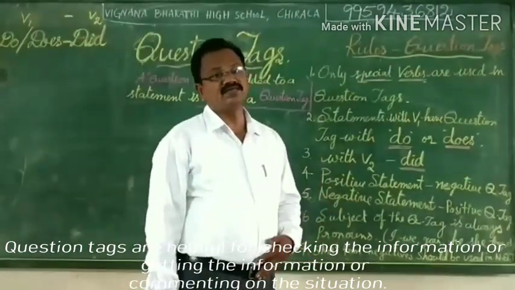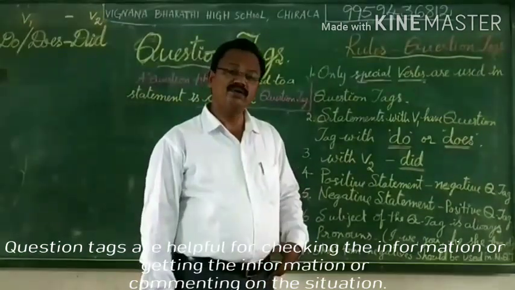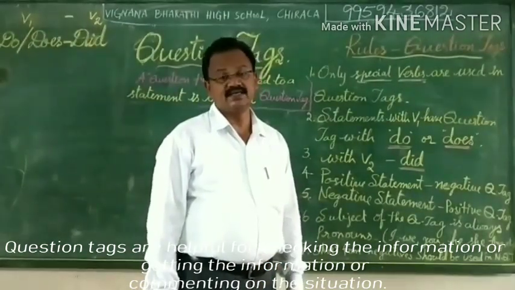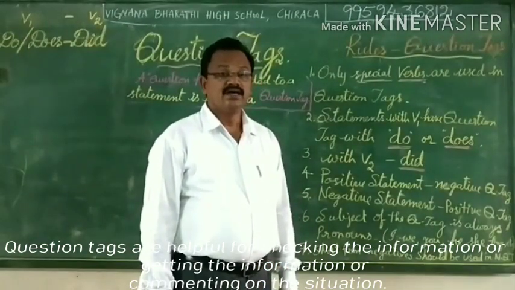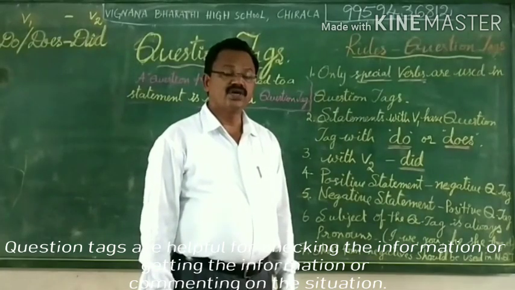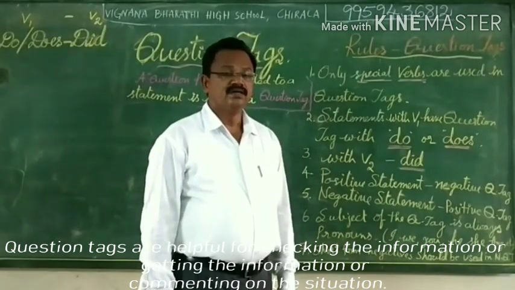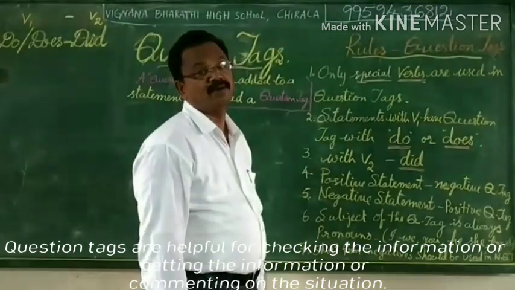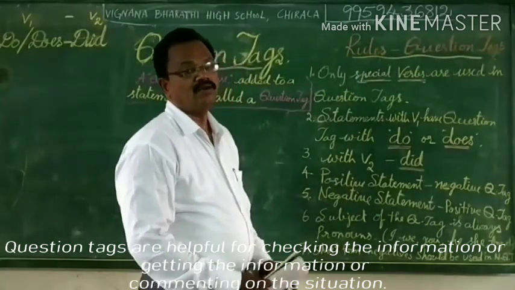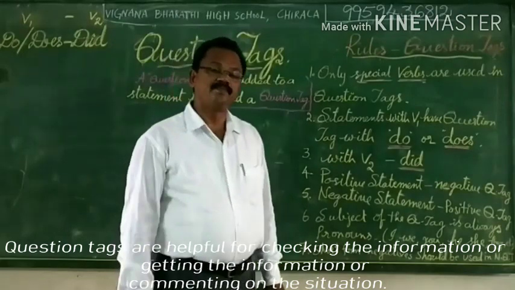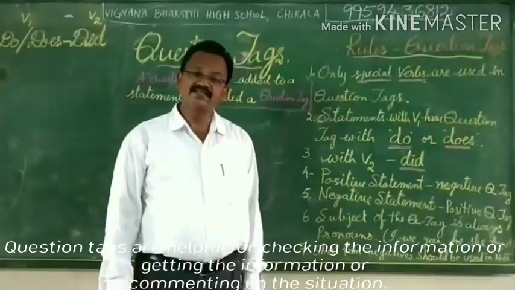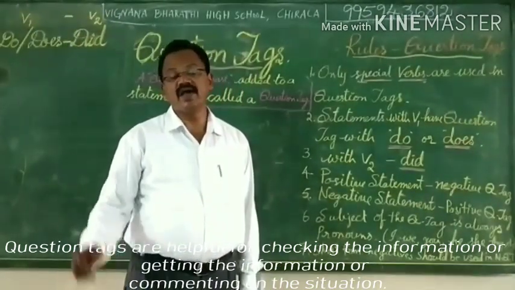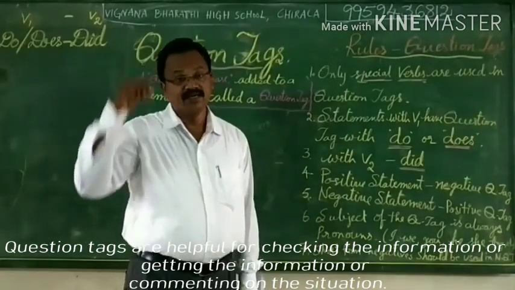In that negative question tag, we have to use doesn't, don't, didn't. So the short form of the negative question tag should be there for positive statements. Now, I am going to start some sentences to add question tags to.